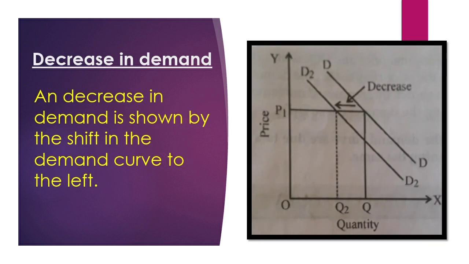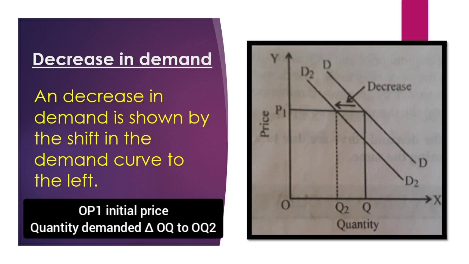Next we have a decrease in demand, and decrease in demand is shown by the shift in the demand curve towards the left. Now, here also in the diagram, you can see that the price remains the same. It is OP1 only, but initially the quantity demanded was OQ and then it reduced to OQ2.